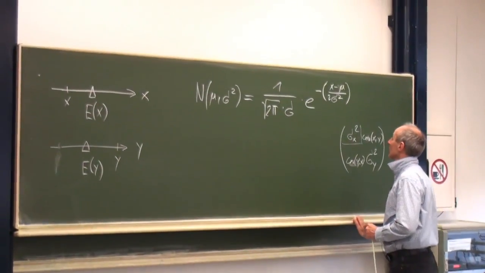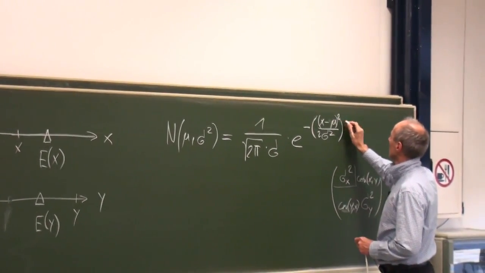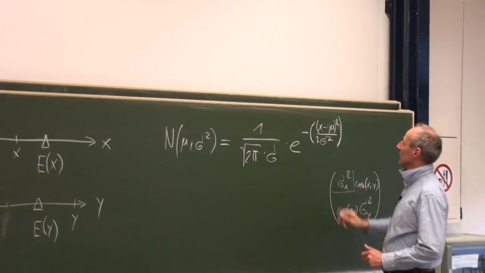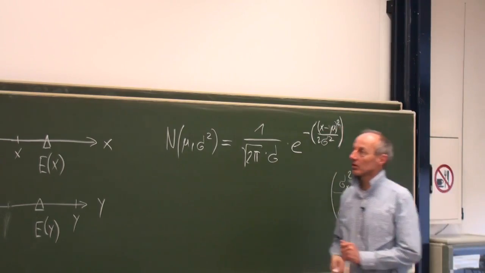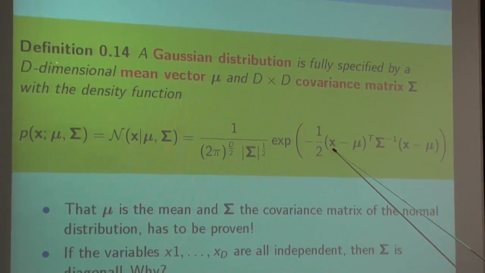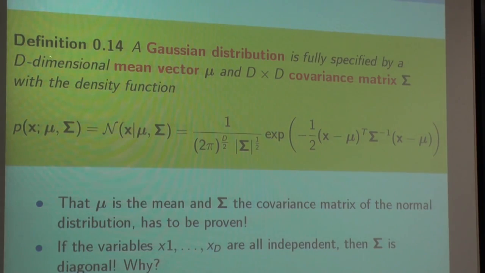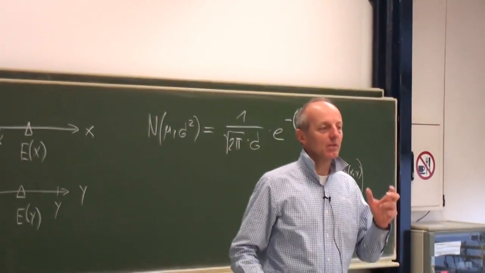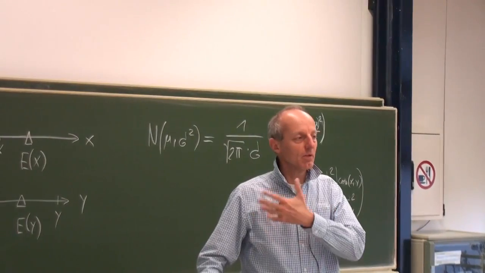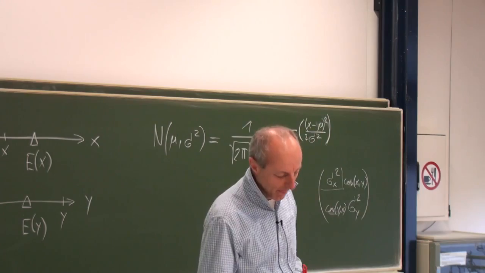Oh yes, why don't you help me? I forgot a square, of course, here. Here we have a square. You see, this square corresponds to the product of this guy with this. And if you write down this whole thing in component notation, you will find the squares of the individual components of these vectors. At this point, it's very important that you get exercise with all these formulas. Otherwise, you will get lost quite soon.